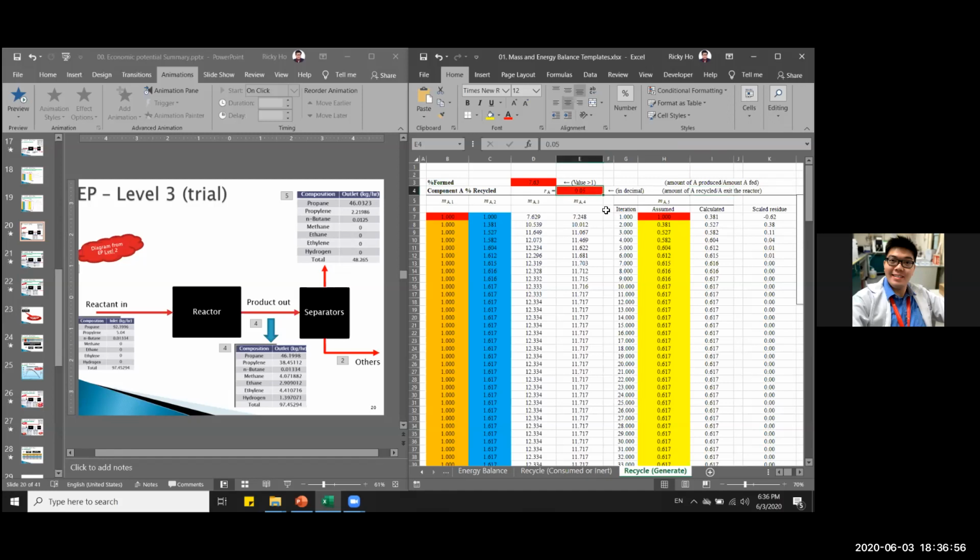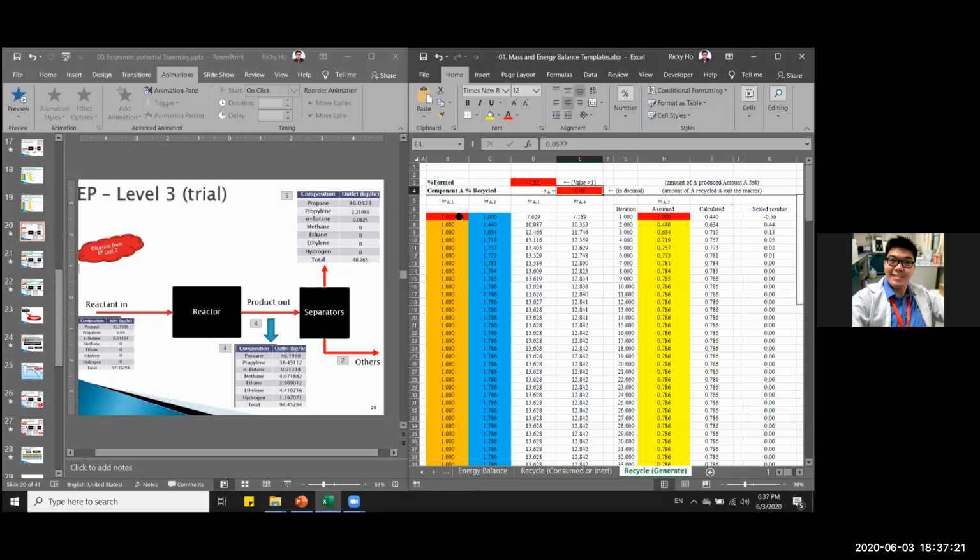So the amount that is recycled is 0.0577. Okay. The ratio that is being recycled is small. It is obvious because propylene is your product. You want to recover it. So if you have your product with a big percentage of recycle, it means something is wrong.